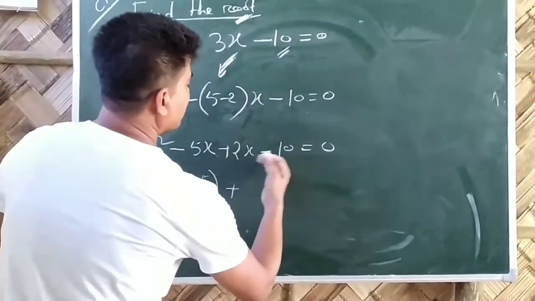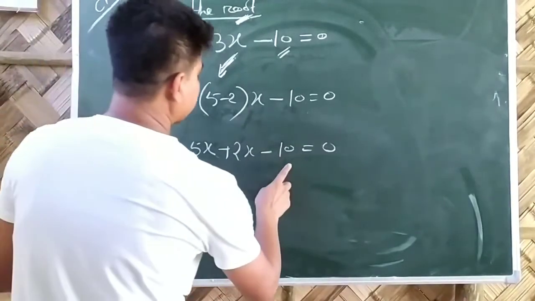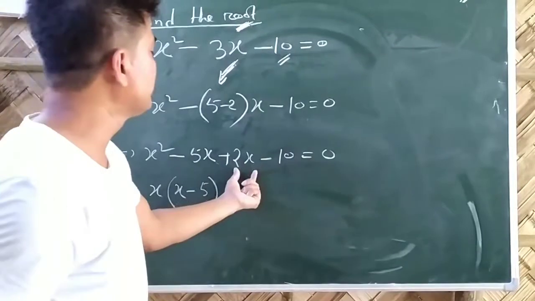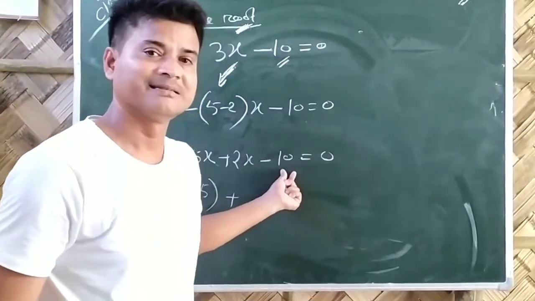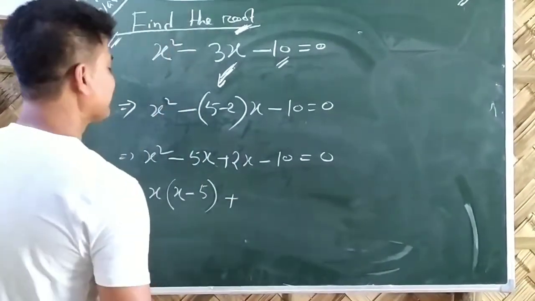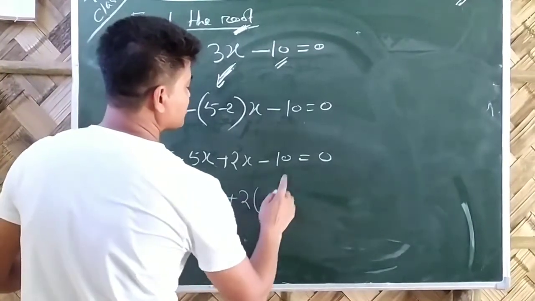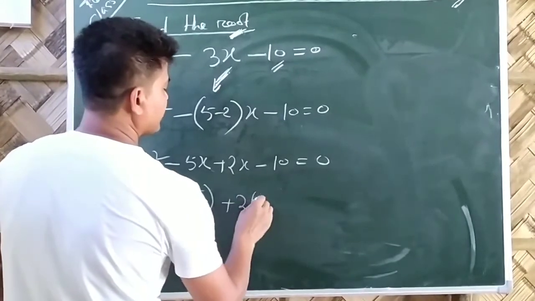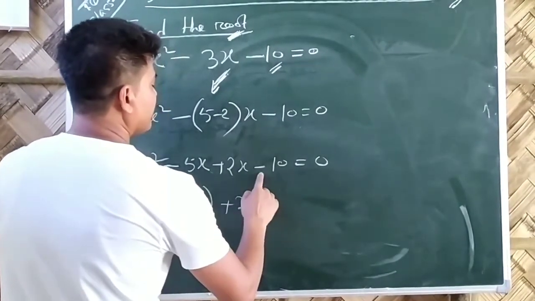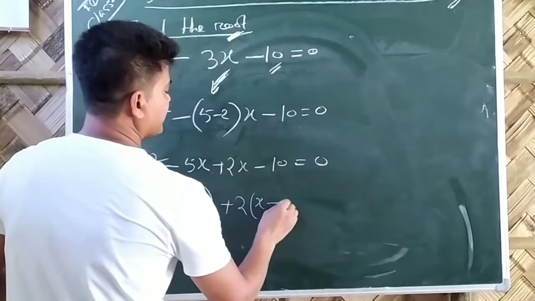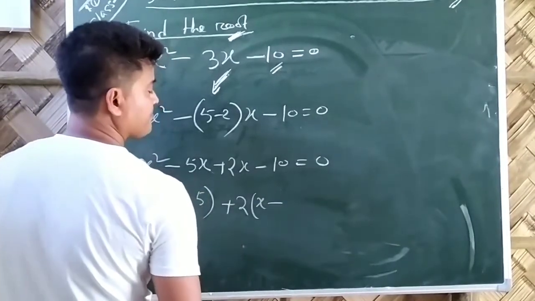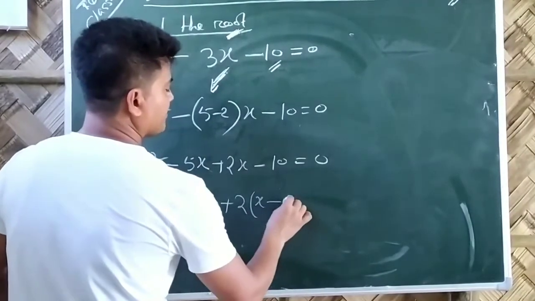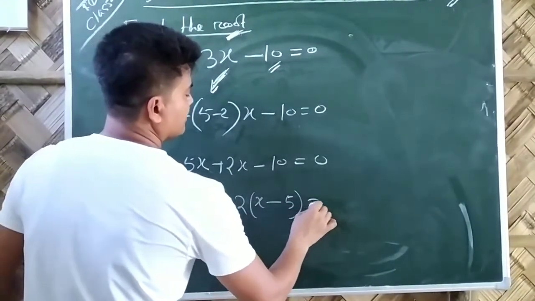Now from plus 2x and minus 10, we know that 2 is a factor of 10. Then we can take 2 as common. So here will be the x, and minus 5, since 2 multiplied by 5 is equal to 10.